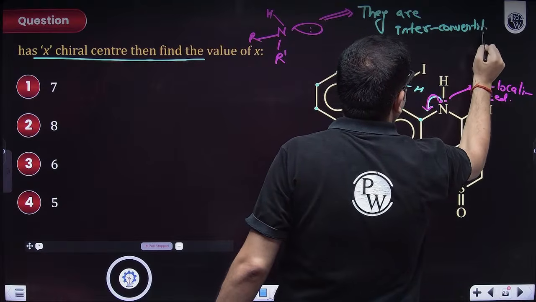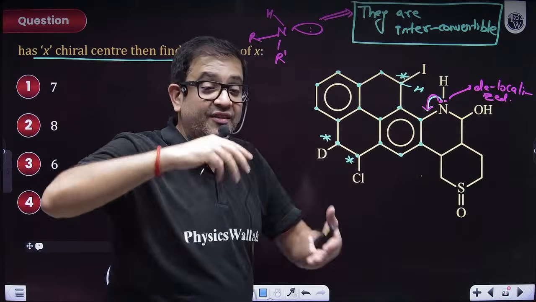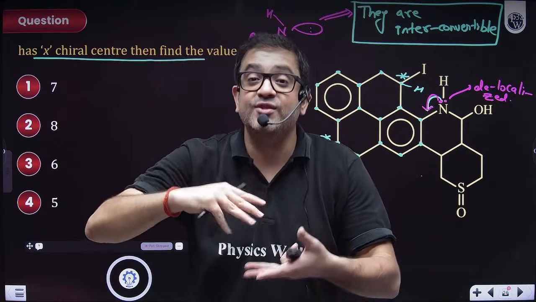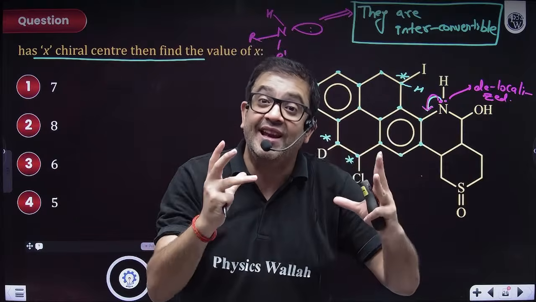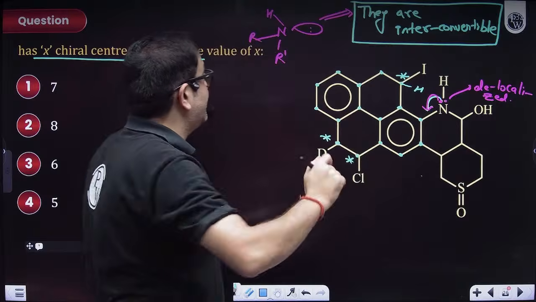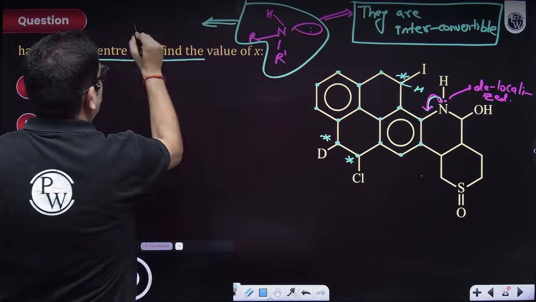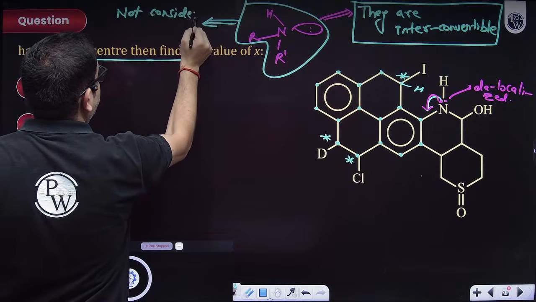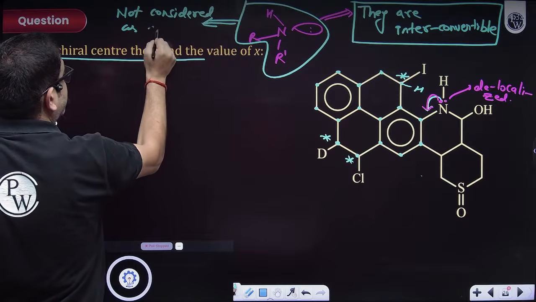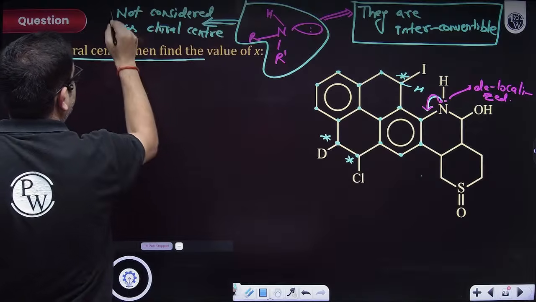Because they are interconvertible, the difference of potential energy is very less. So they are not two different compounds, and optical isomers are two different compounds. That's why amines we do not consider as chiral centers.